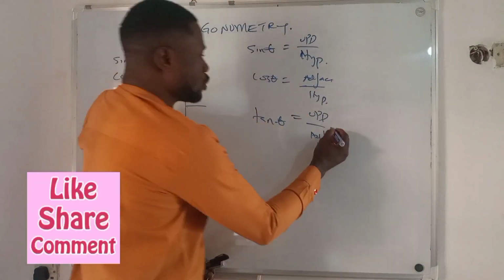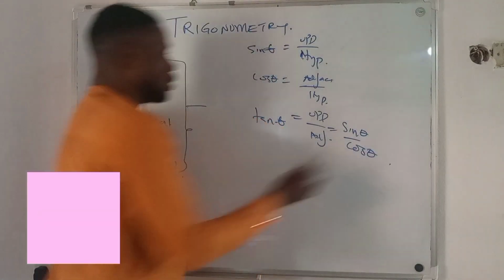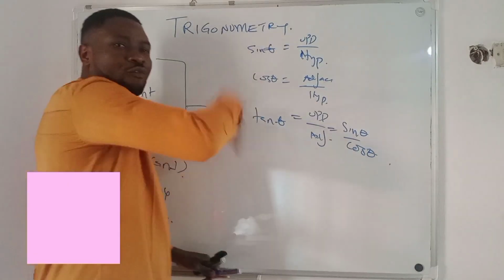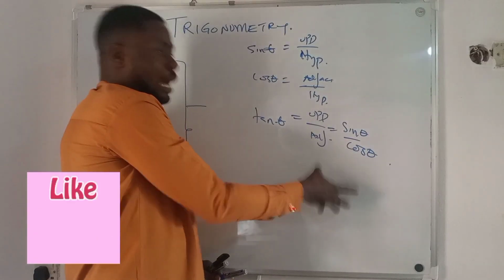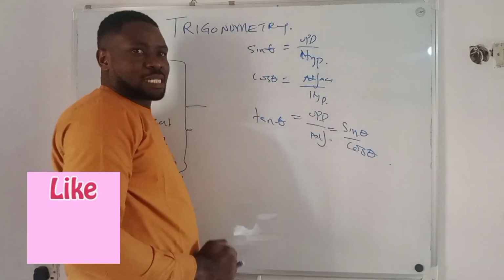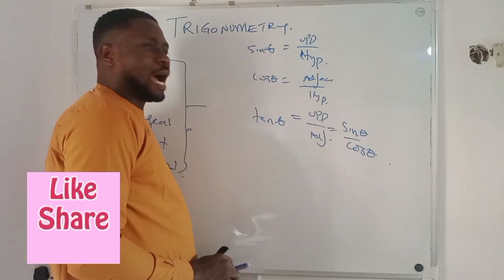This tan is also defined as sine theta all over cos theta. So you can see that tan of any angle can be expressed in terms of sine and cos, and also as opposite all over adjacent. This represents the definition of the tangent of any angle.